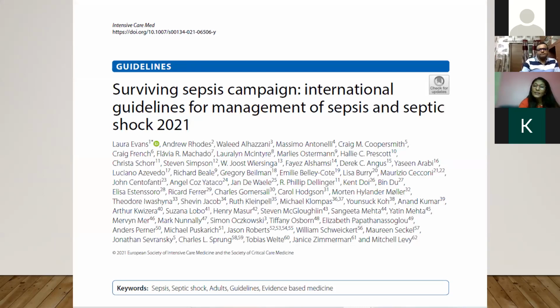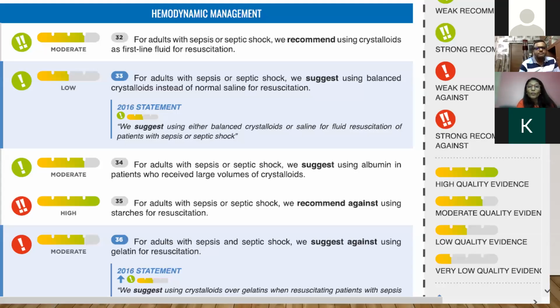Then came the Surviving Sepsis guidelines, which were recently released. They state that for adults with sepsis or septic shock, we recommend using crystalloids. And for adults with sepsis or septic shock, we suggest using balanced crystalloids instead of normal saline for resuscitation.